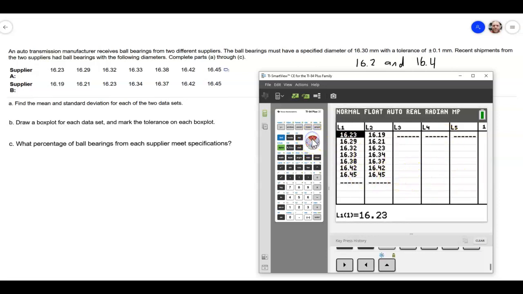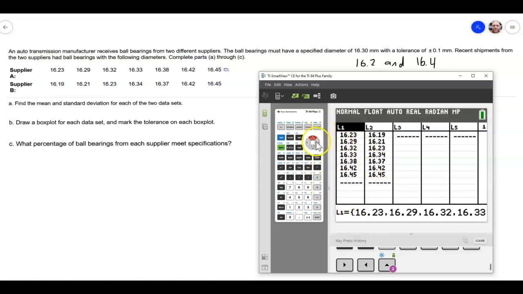If you're missing a list, you can go up here and hit second delete, which is the insert button, and you can put it back in. You can hit the second 1 key, that's your L1. You see the little blue. In order to use the blue key, you have to hit the second button first. So L1 is right above 1, and L2 is right above 2. You can insert those back in if you need to.